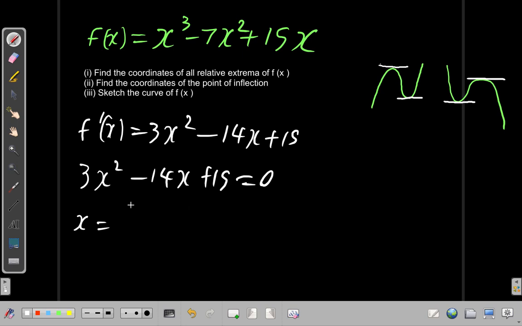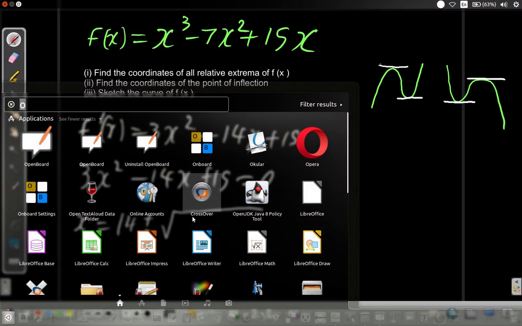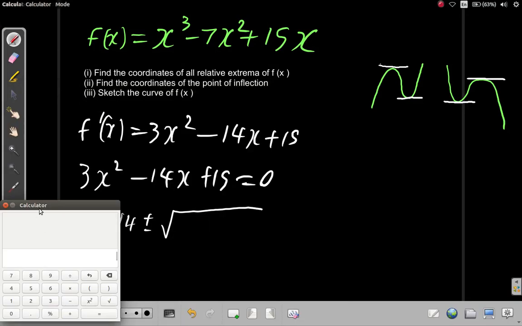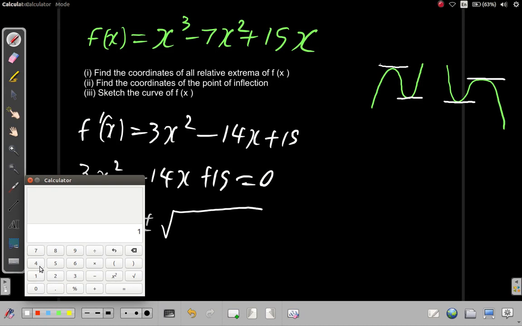X equals negative b. We can see b is negative 14, so negative b would be positive 14. Plus or minus the square root of b squared. This is going to be negative 14 squared. Let's get our calculator. Negative 14 squared will be positive, so it's 14 squared, 196.